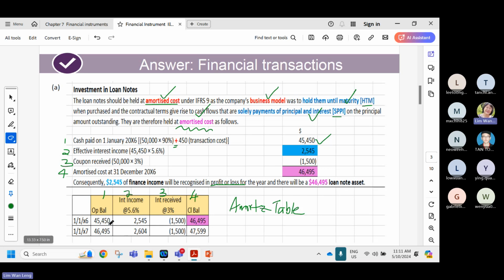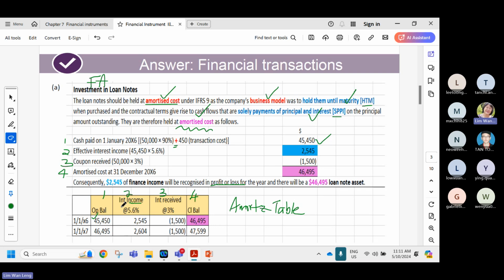First figure, we are going to insert it here. Then, interest income. Why do we say this is interest income? Because this is a financial asset. You have an investment in the loan notes. So Palemo is going to receive the interest income.